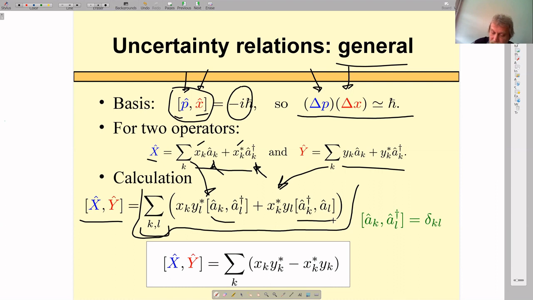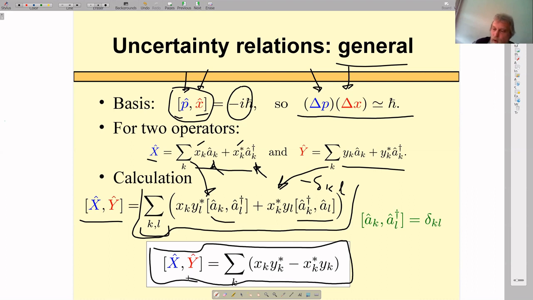For this case, this is delta KL. That will give us a general formula for the commutator of two operators, so we know the uncertainty. We can immediately jump to here.